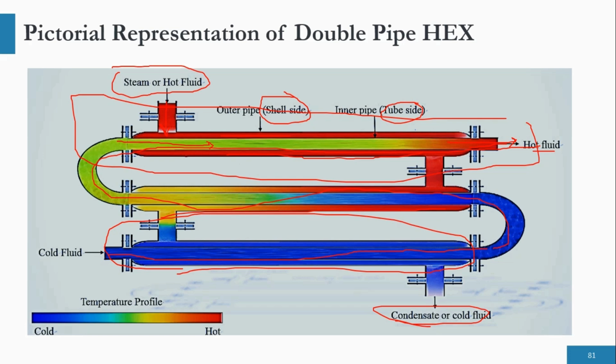Obviously, there cannot be a temperature cross, which we will be studying in our upcoming lectures. So this is the overall pictorial representation: the cold fluid passes through the inner pipe while the hot fluid passes through the outer pipe. Obviously, the arrangements may vary in different applications.